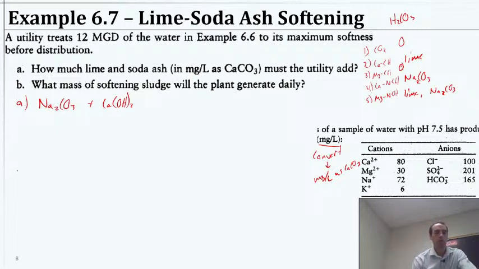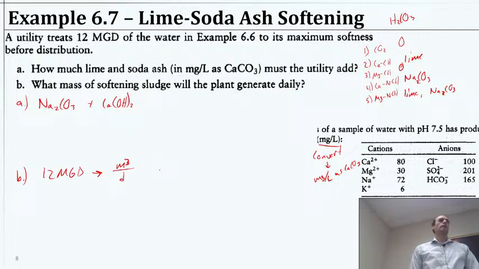And then in part B, so that's the big part of it. In part B, we have 12 mgd. We'd probably convert this to, I don't know, cubic meters per second or something, or let's say per day. And then we could calculate how many kilograms per day.